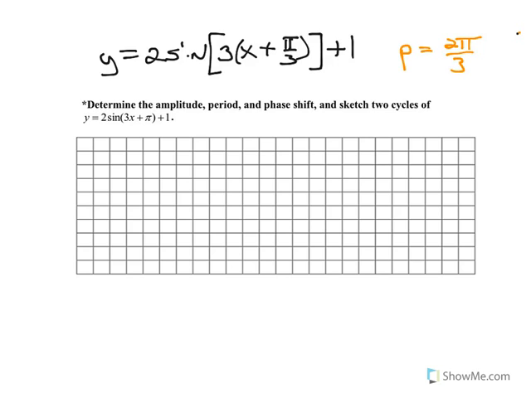And let's go ahead and set up our horizontal scale. So let's start right in the middle, because I did say 2 cycles, so we're going to have to give ourselves room to go both forwards and backwards. And we'll try 8 boxes.